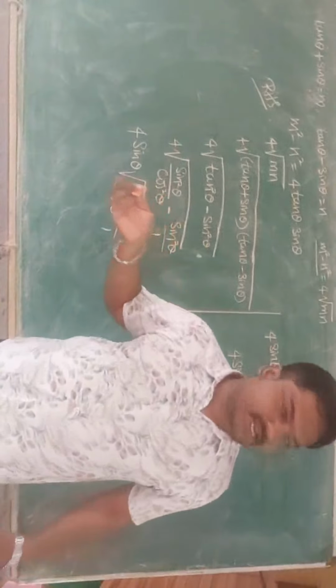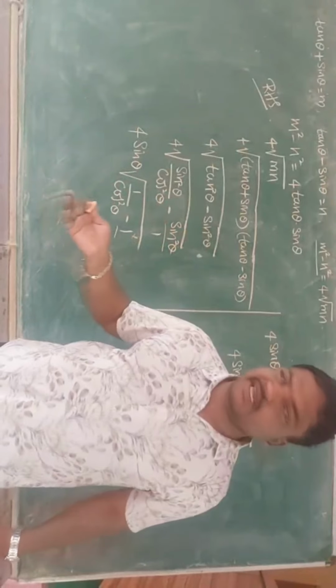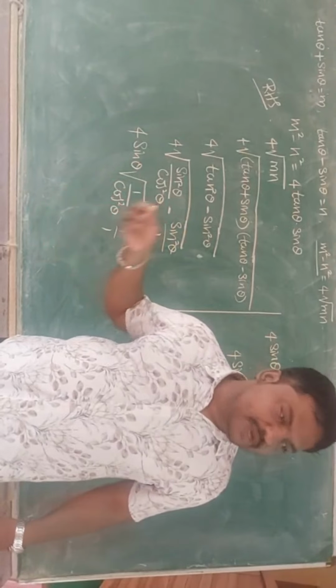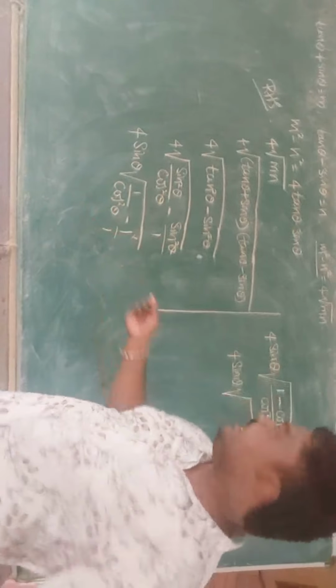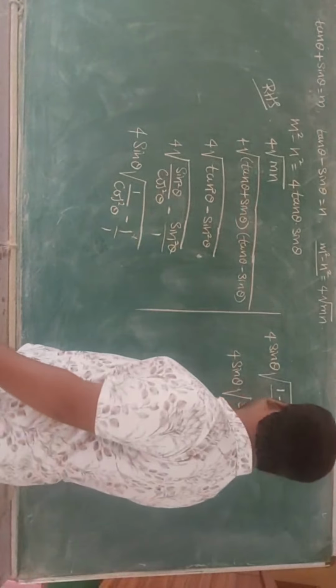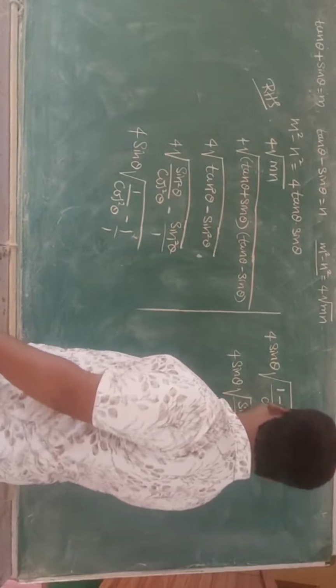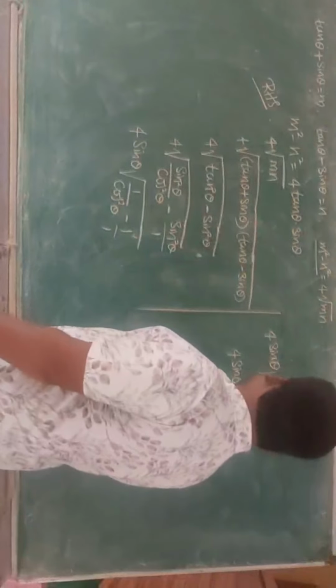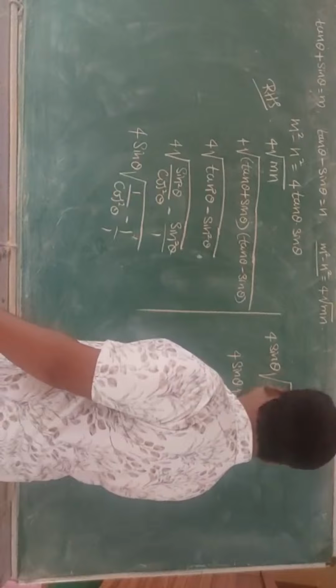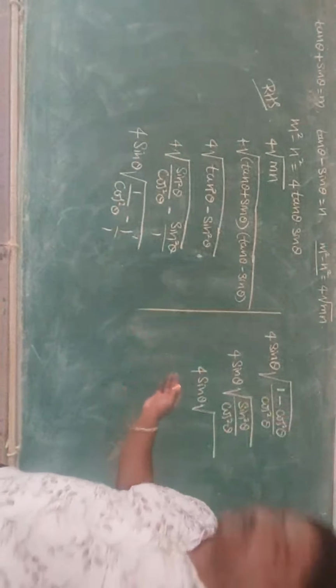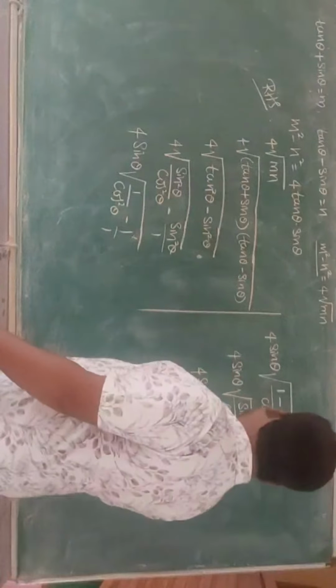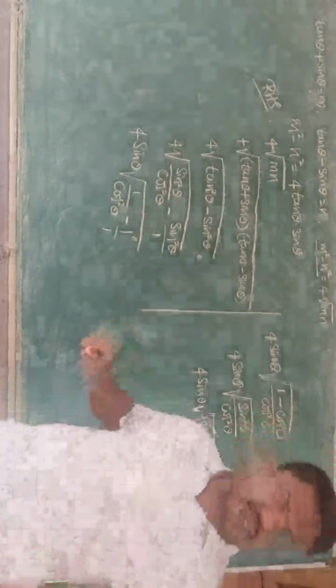Identities. First identity, sin square theta plus cos square theta is equal to 1. So 1 minus cos square theta is equal to sin square theta. So sin square theta upon cos square theta. So 4 sin theta under root sin square upon cos square is tan square theta.